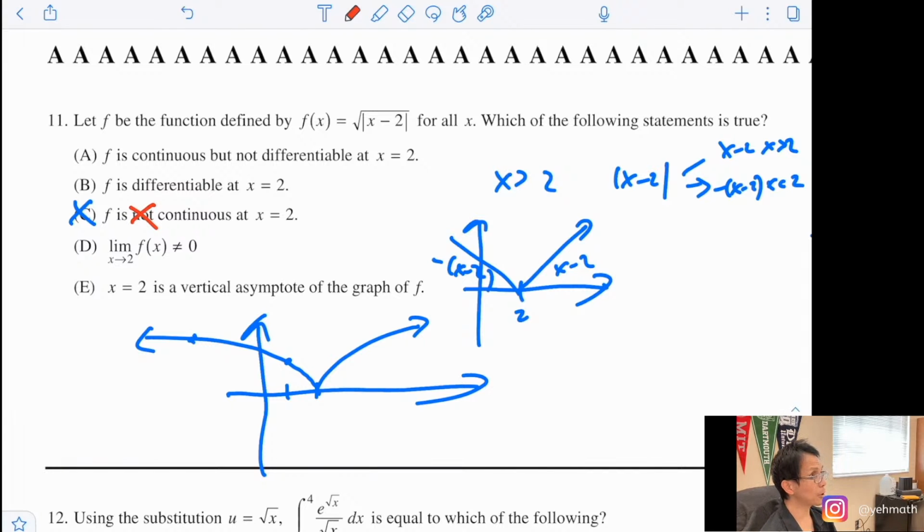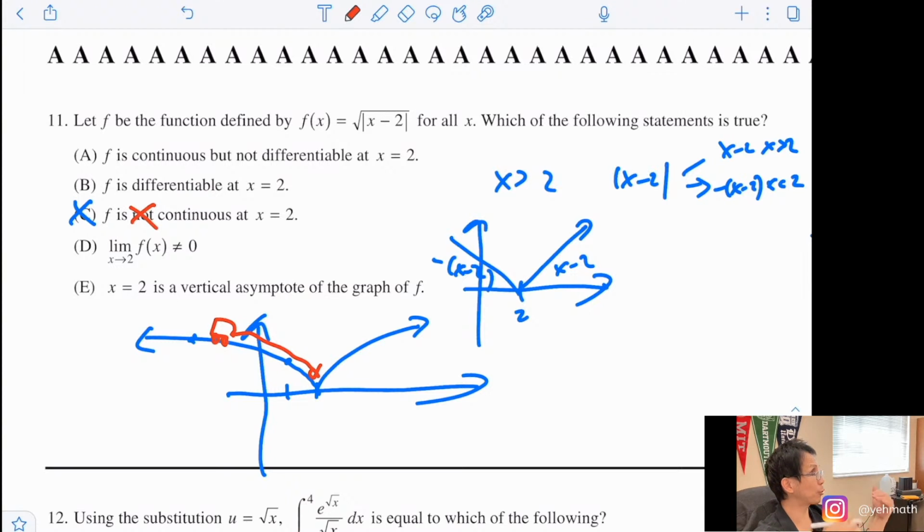If f is differentiable at 2, no. It's not differentiable at 2, right? Imagine there's a roller coaster. It's a connected roller coaster. But if you have a roller coaster like this, it's not going to be pretty. You're going to die there. So differentiable is more like, are they smooth?